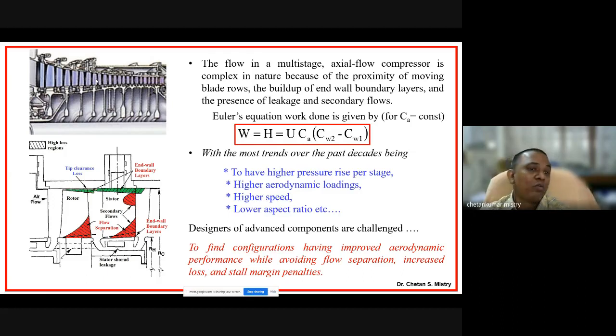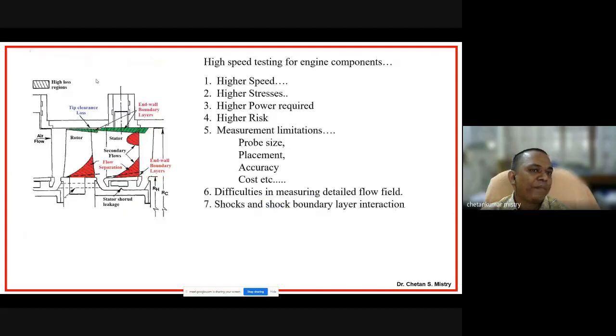And in order to do all those things, you need to do testing. Suppose I consider an HP spool. An HP spool rotates approximately in the range of 12,000 to 18,000 RPM, so it is rotating at very high speed.